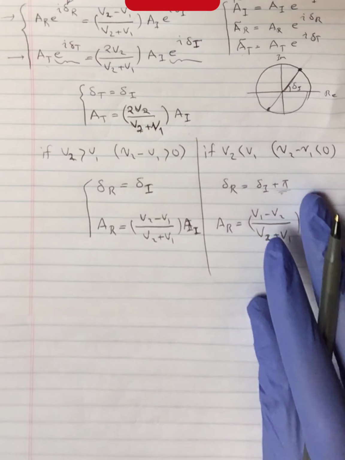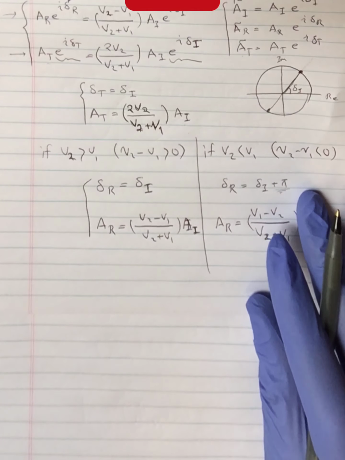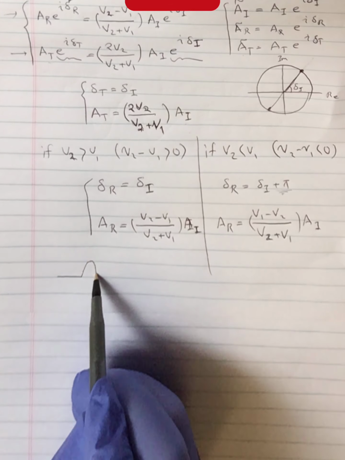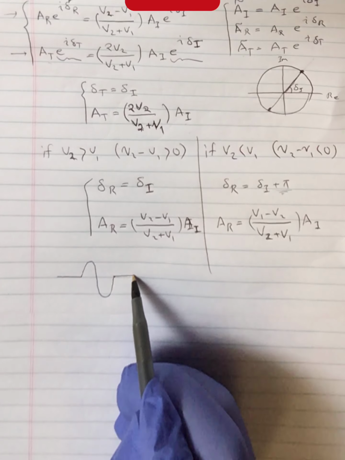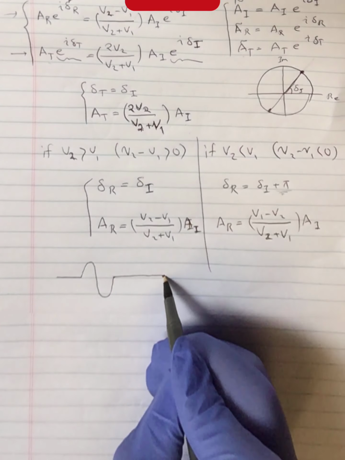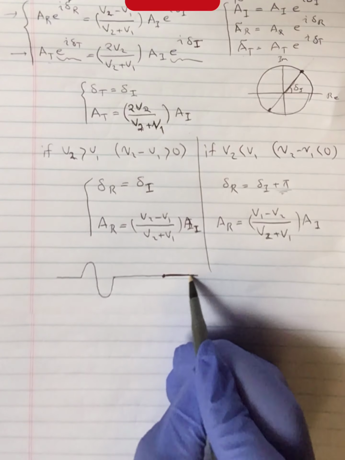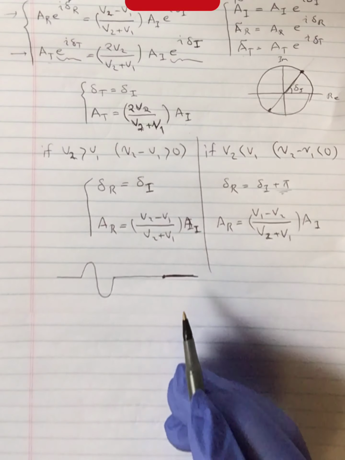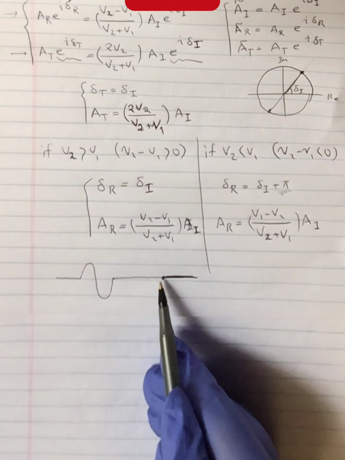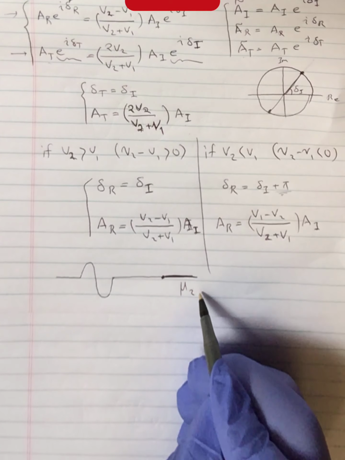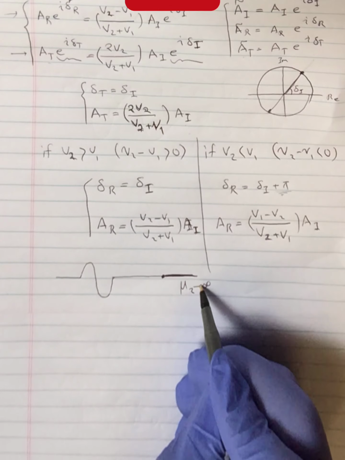Let's first work out our intuition about these waves. Let's say the incident wave is coming in, one single pulse comes in, and the second string is super heavy, so heavy that the first string cannot even move the second one. So let's say mu2 is approaching infinity.